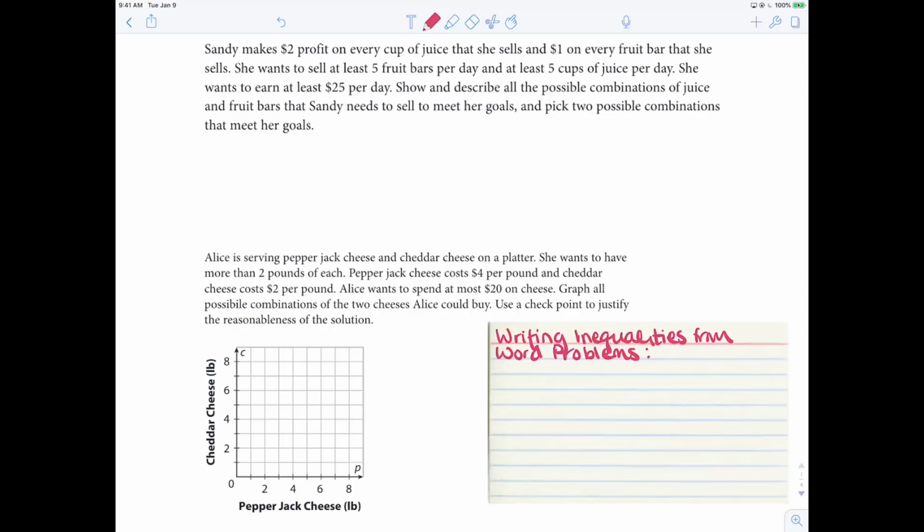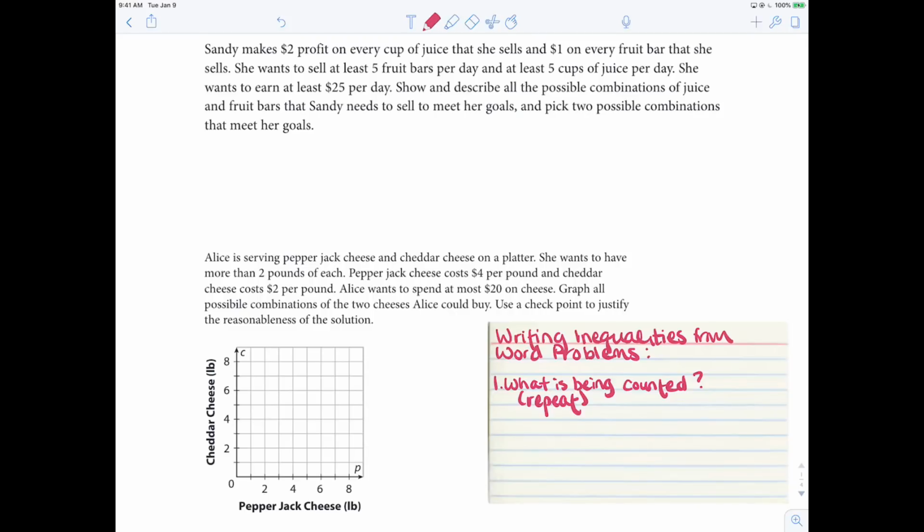So, the first question I ask myself when I read any word problem is, what is being counted? And something I noticed in the problem is there are lots of things that repeat, right?